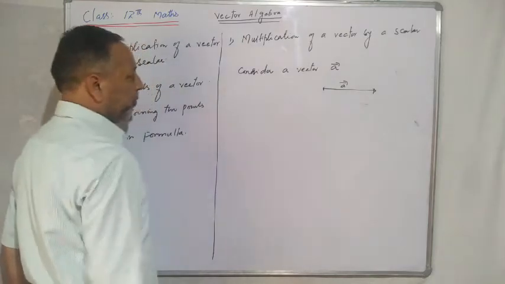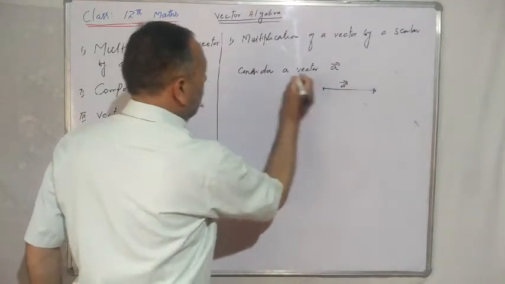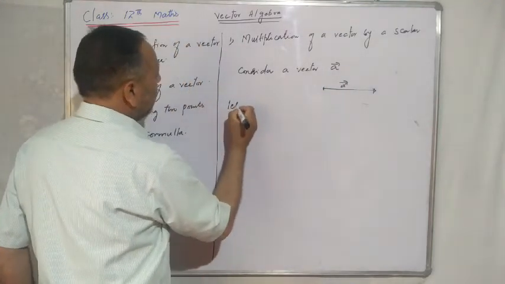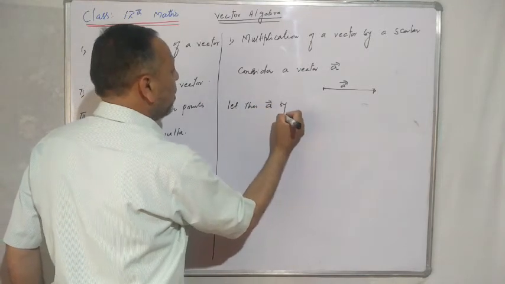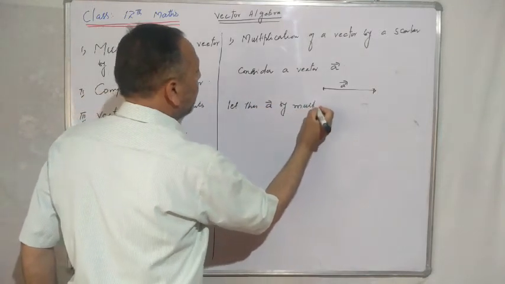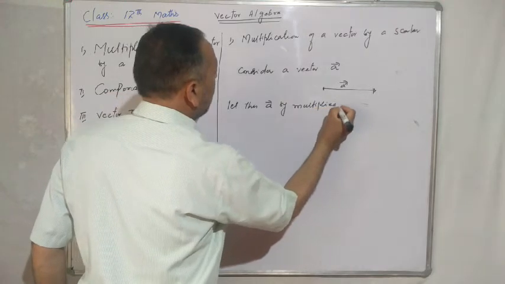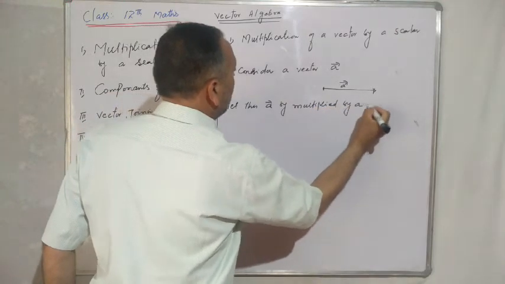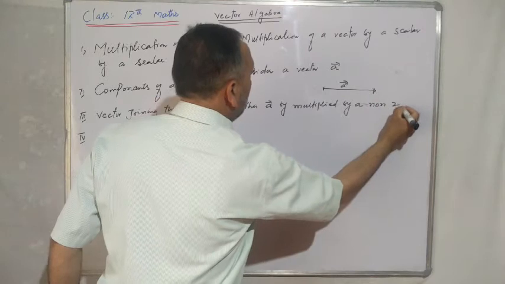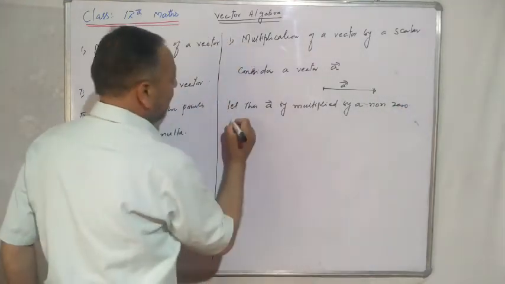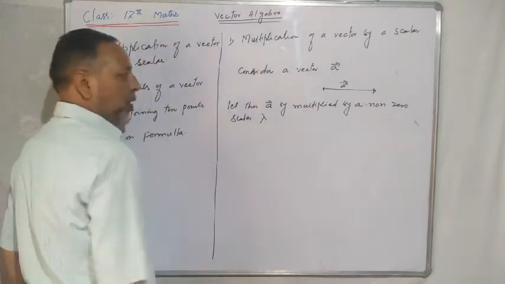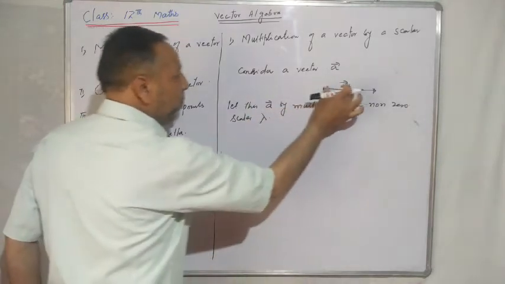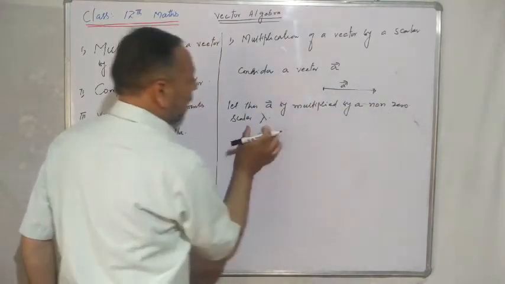Now, let this vector A be multiplied by a non-zero scalar lambda. So let me multiply this vector A by a non-zero scalar lambda.